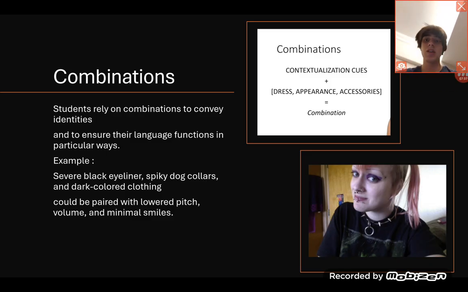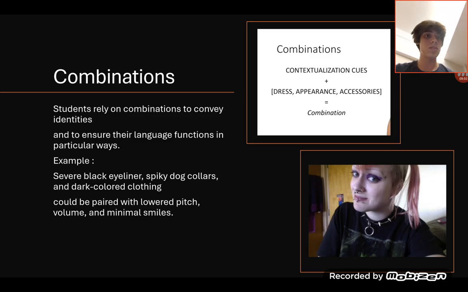Combinations. Combinations are the sum of contextualization cues and how you dress, how you appear, and what kind of accessories you wear. Students rely on combinations to convey identities and also to ensure their language functions in particular ways.